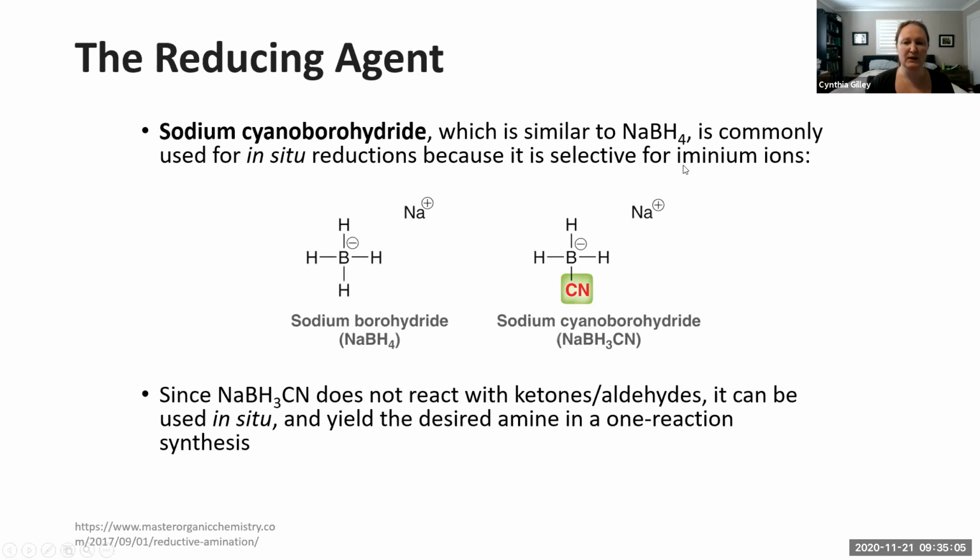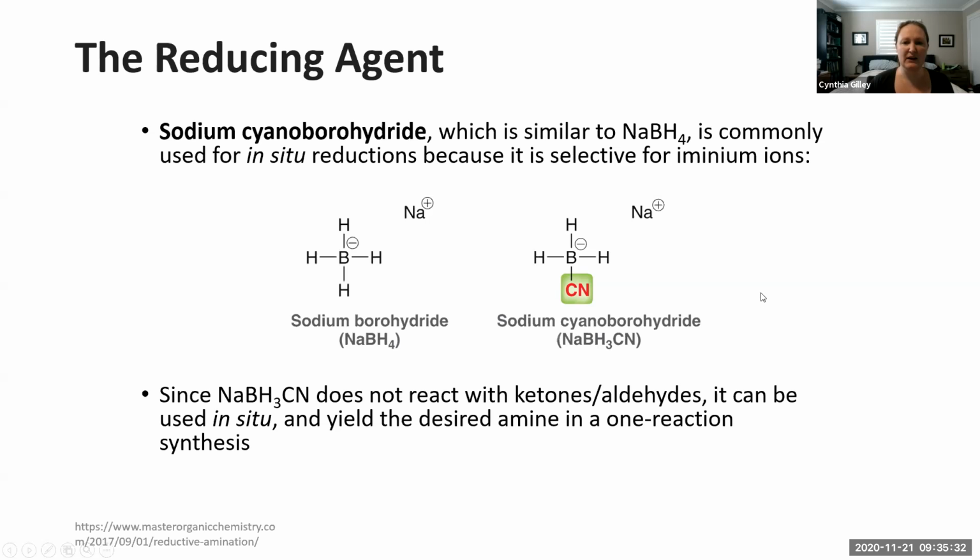Because note, what did we have to add to form the iminium ion? We have to add an aldehyde or ketone and an amine. But aldehydes and ketones are reactive towards reduction. And if we had used sodium borohydride, the sodium borohydride is reactive enough to reduce aldehydes or ketones, which we don't want.